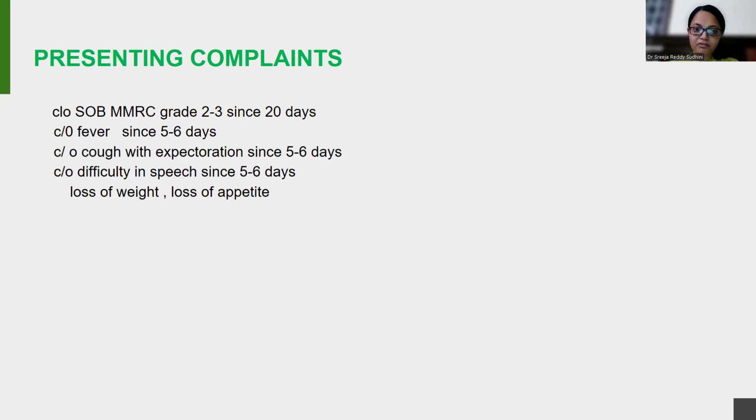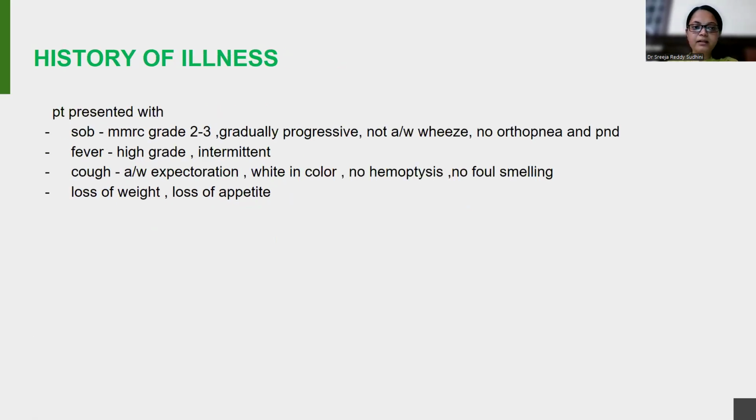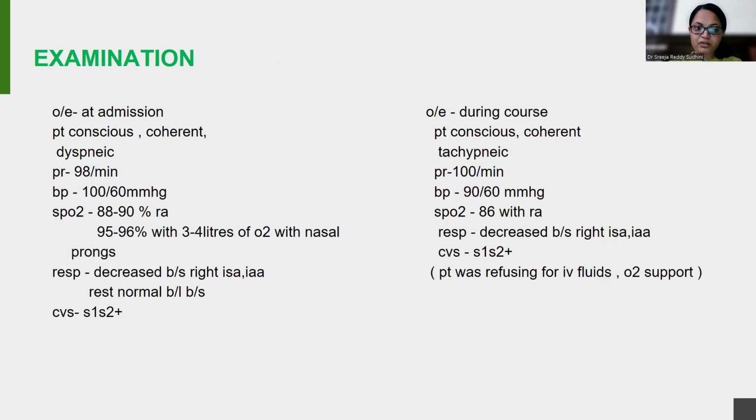Elaborating the history, the shortness of breath was gradually progressive, not associated with any weakness, no orthopnea or PND. The fever was high grade, intermittent, subsiding with antipyretics. The cough was associated with white expectoration, with no hemoptysis and no foul smell. The loss of weight and appetite was also significant during this course of admission.